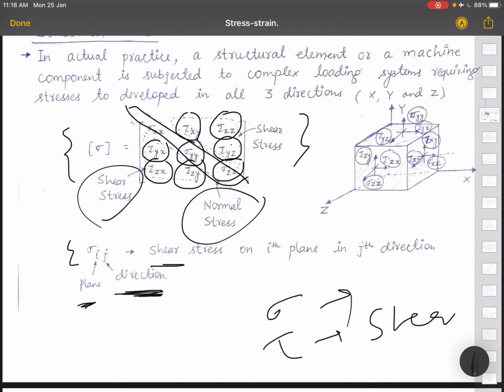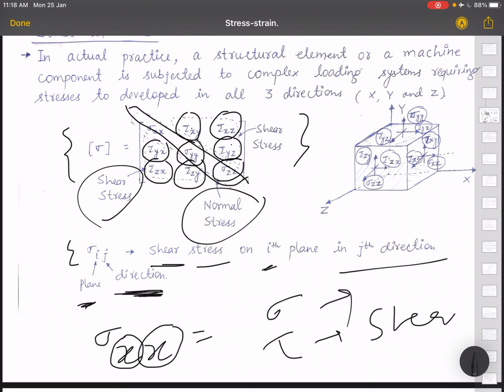So this is the stress on the ith plane in the jth direction. This means sigma xx acts in the x direction on a plane which is perpendicular to the x axis.